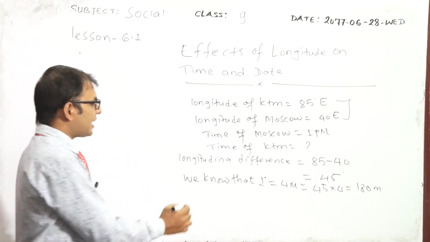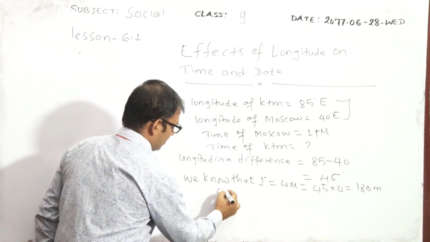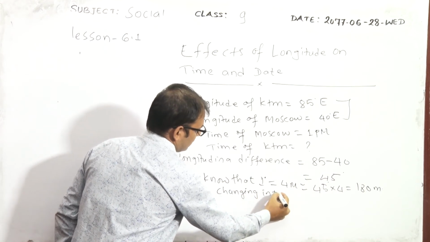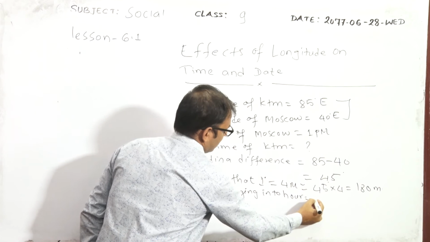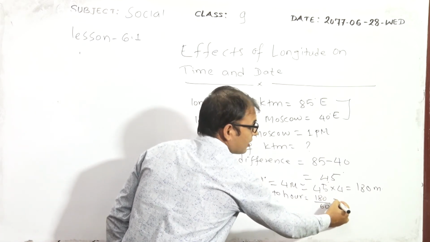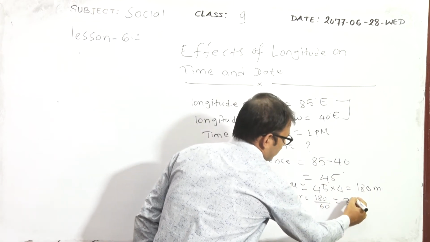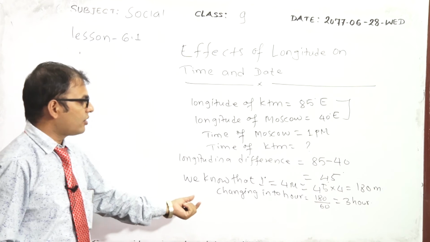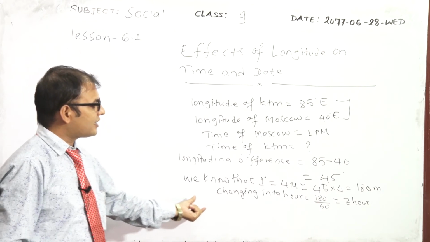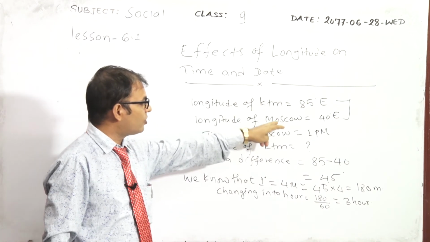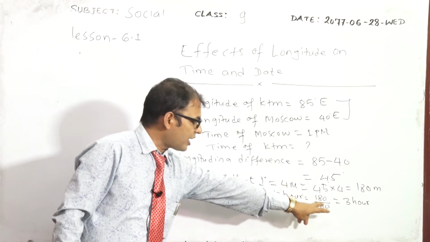Then we have to change it into hours. 180 upon 60 is equal to 3 hours. Yes, the time difference we have taken out, that is 3 hours, the difference of time between Kathmandu and Moscow.